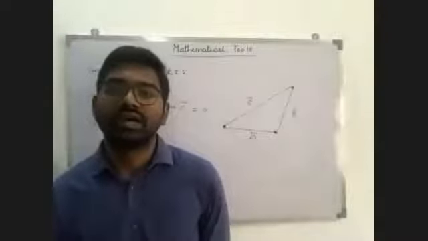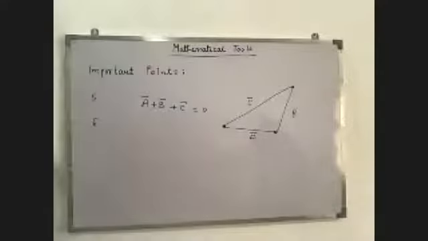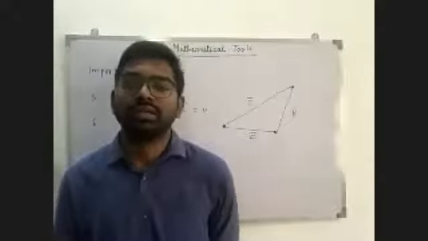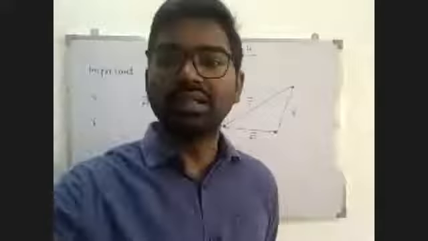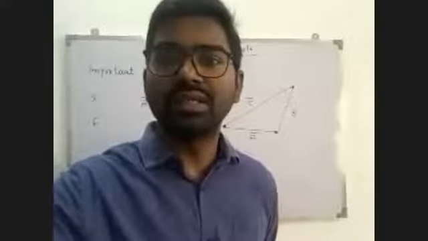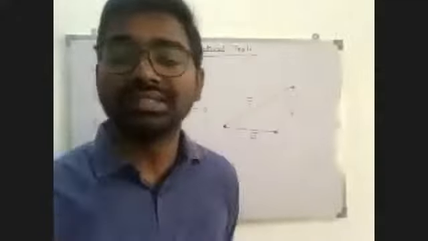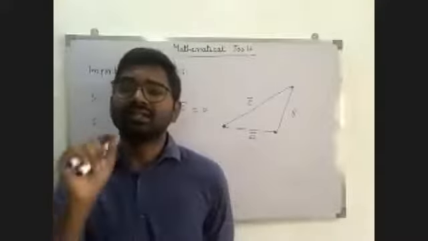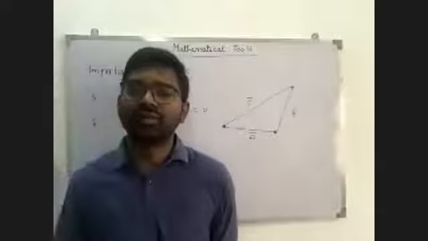Guys, have you noted down the fifth point? Look here. Muhammad Ayan is saying that if two vectors have equal magnitude, then also the sum is 0. That's correct. Just note one word.